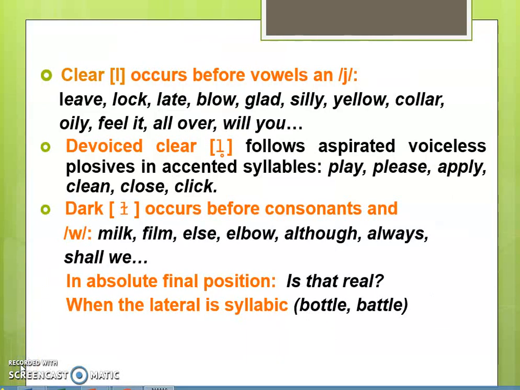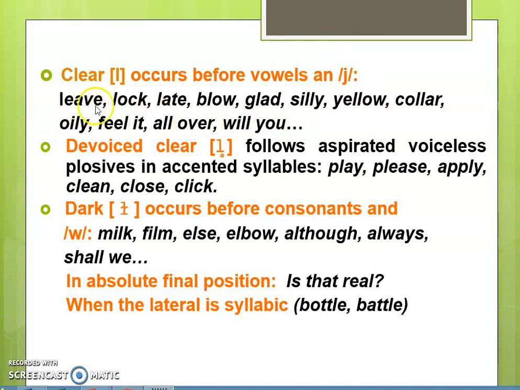The allophones of the lateral, clear L and dark L, occur in complementary distribution because they are conditioned by the environment. What do we mean by that? That we can predict from the phonetic context which allophone to produce. Clear L occurs before vowels and before y.